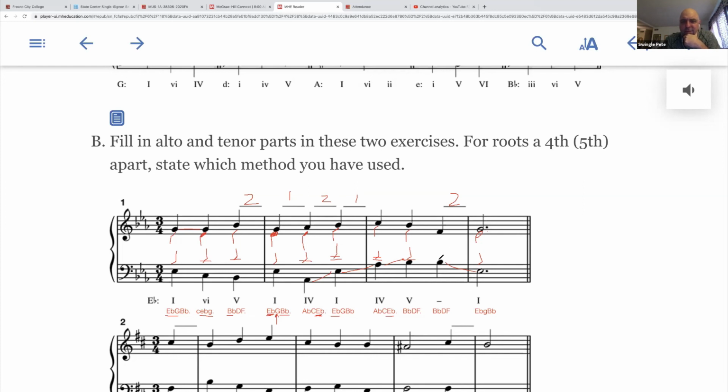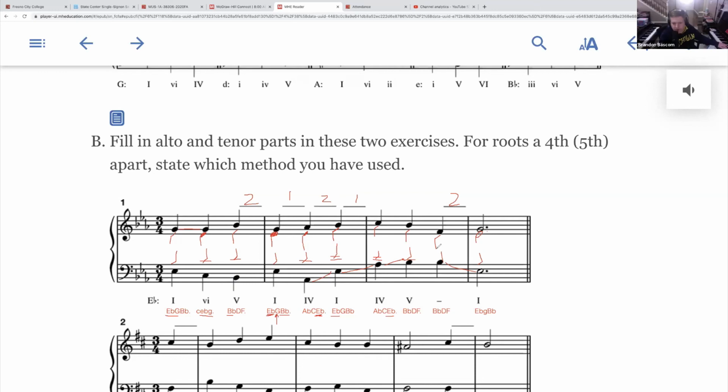I can't remember what we had here. Did we have this doubled? Does anybody remember what we had? Yes, I think we had it doubled.